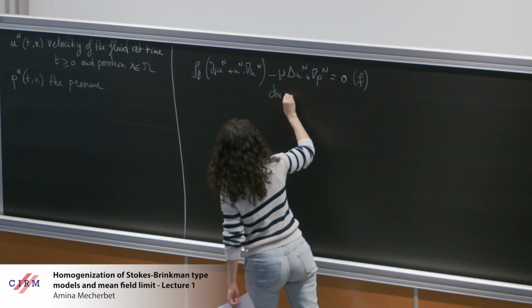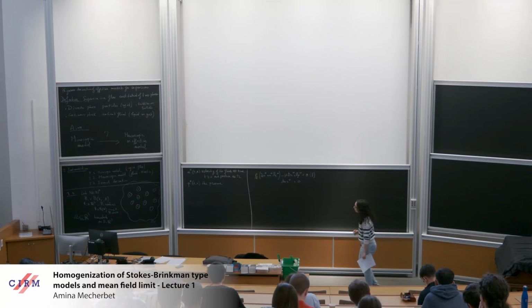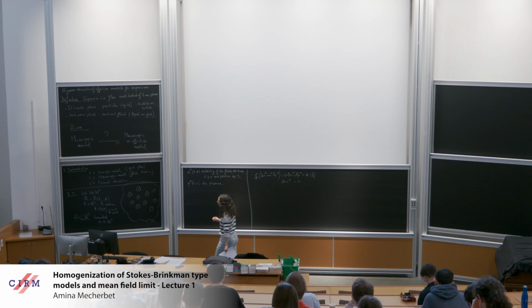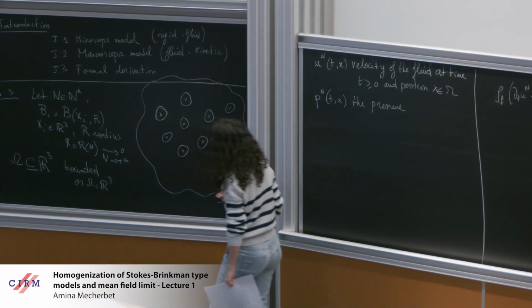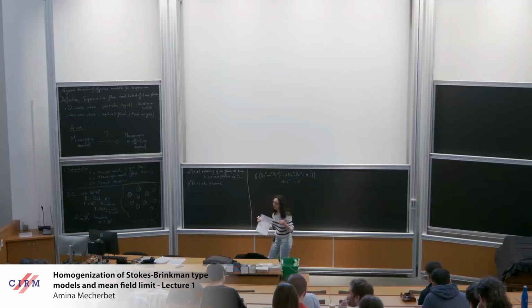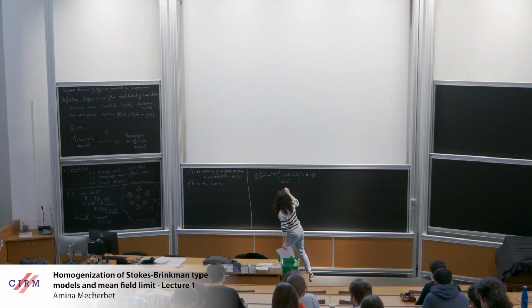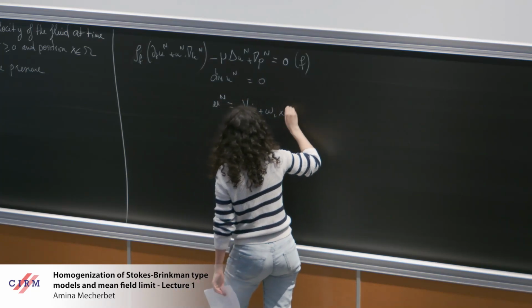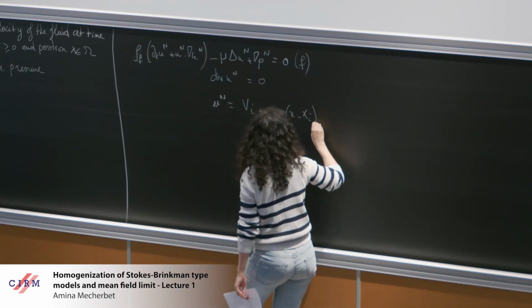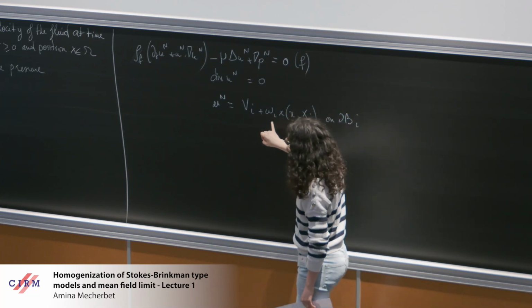We assume that the fluid is divergence free, and we prescribe a no-slip condition on the boundary of the balls, meaning that the velocity of the fluid matches the velocity of the particles. So un corresponds to the velocity of the particles, which are assumed to be rigid, which means that they only translate and rotate.